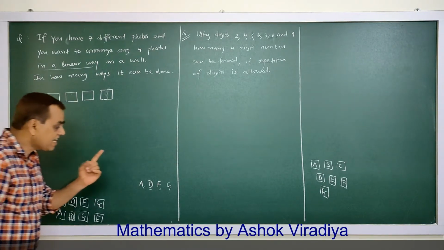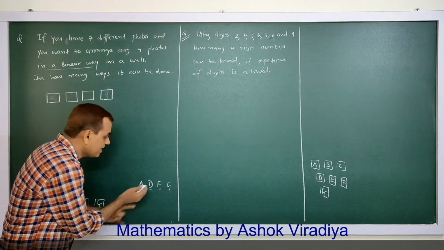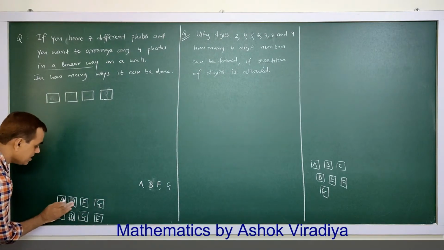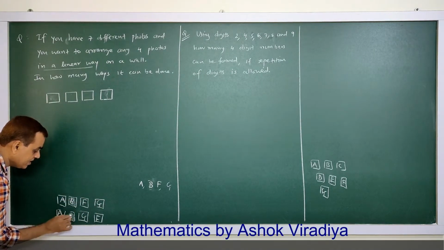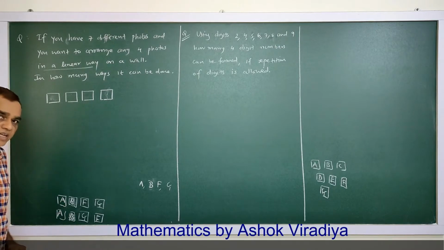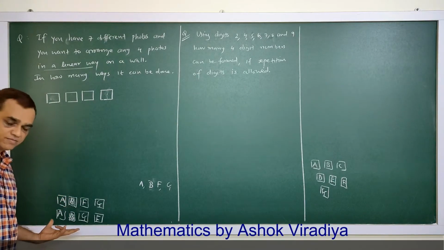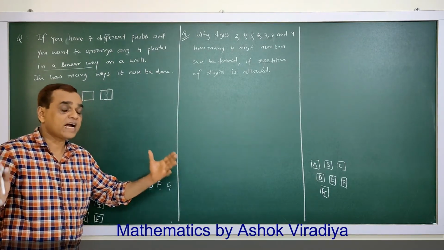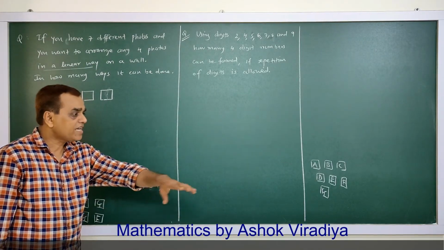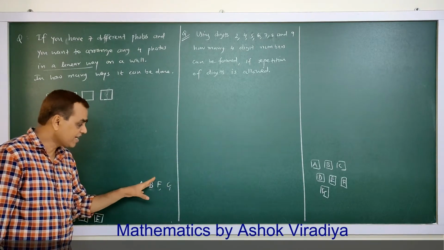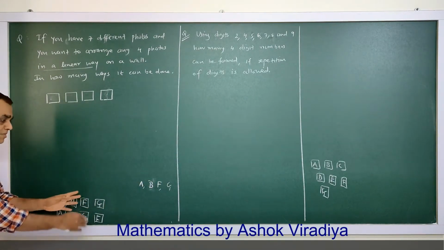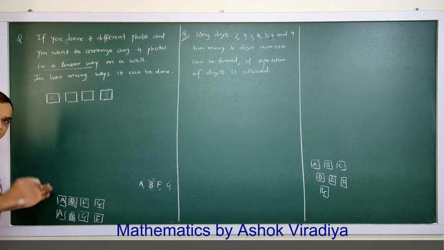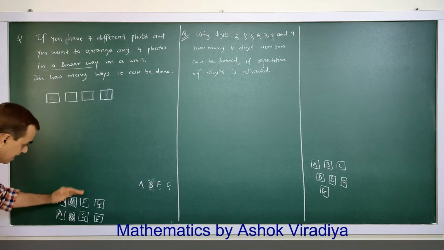If someone changes at least one picture, suppose instead of D I take B, and if D is replaced by B, then again this is a new permutation. So for distinct permutations, select any 4. After selecting, they can be arranged in many ways, and take pics of all these arrangements.